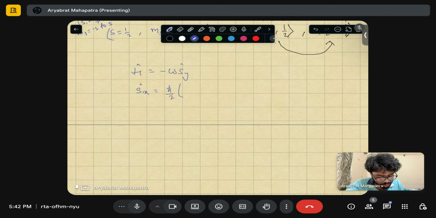You can write Sx as h bar by 2 times the matrix 0 1, 1 0. Sy you can write as h bar by 2 times 0 minus i, i 0, and Sz. These are also called Pauli matrices.